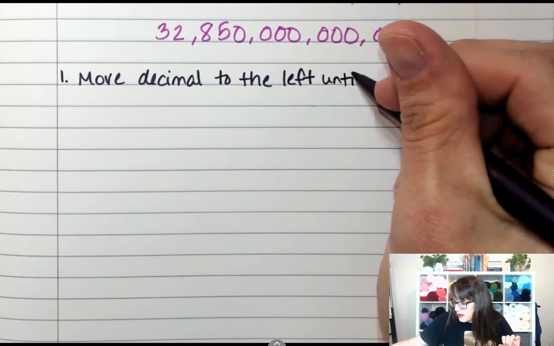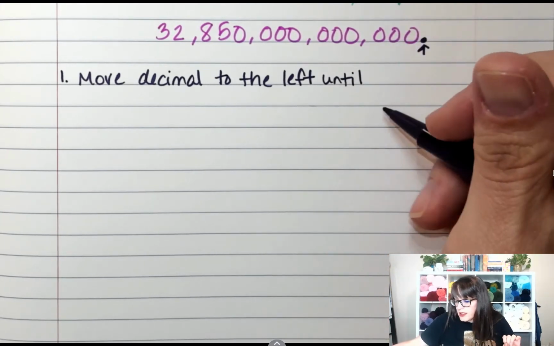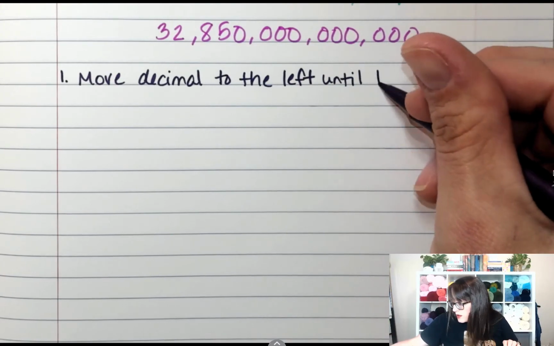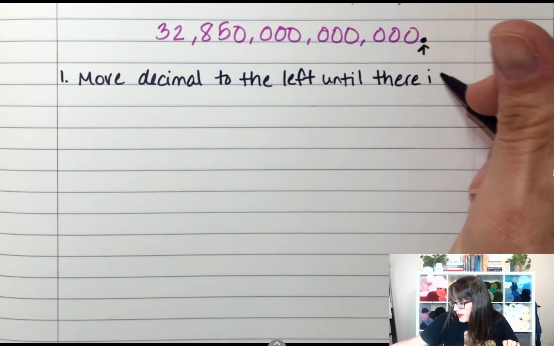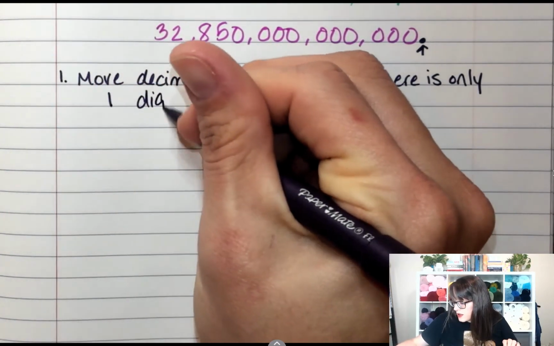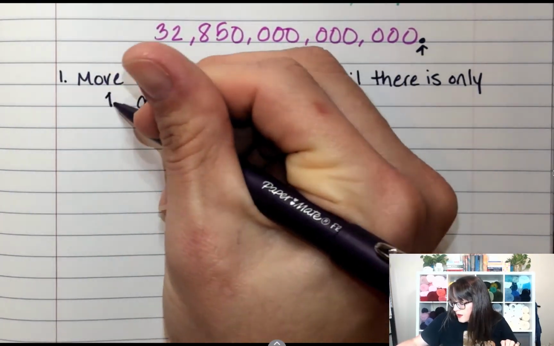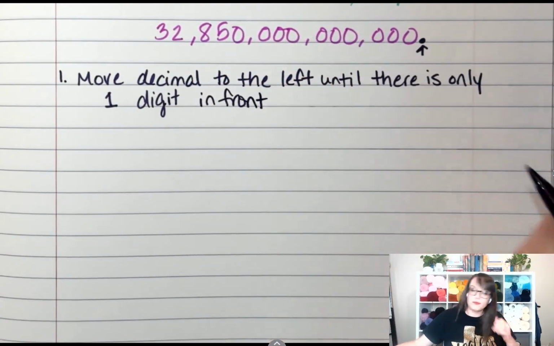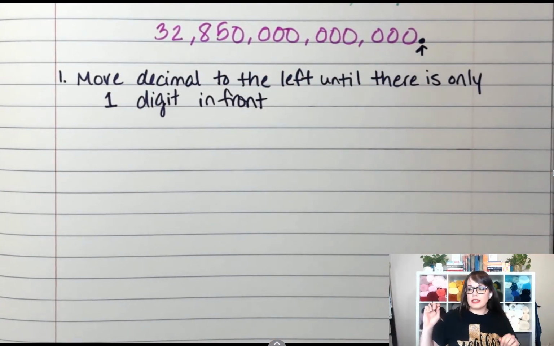until there's only one digit in front of the decimal. So what is the first digit? The furthest left digit.